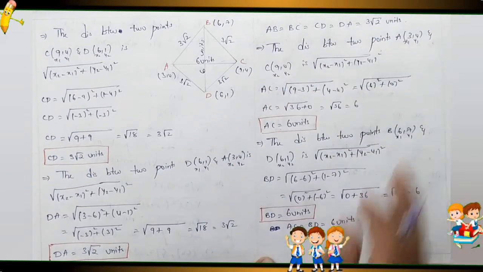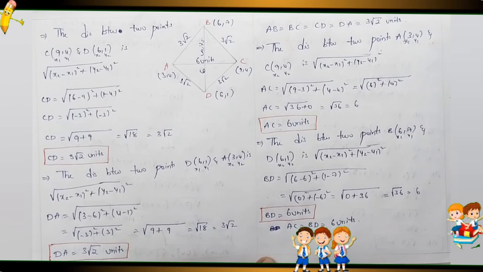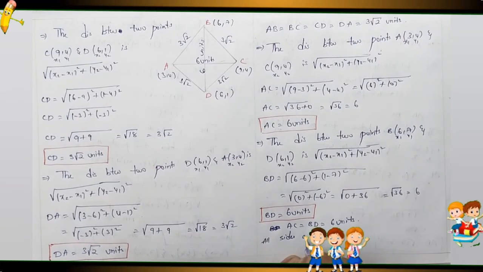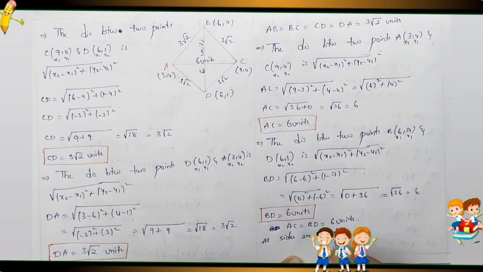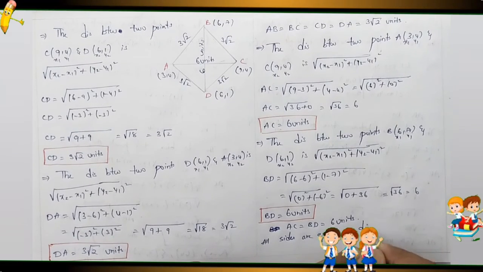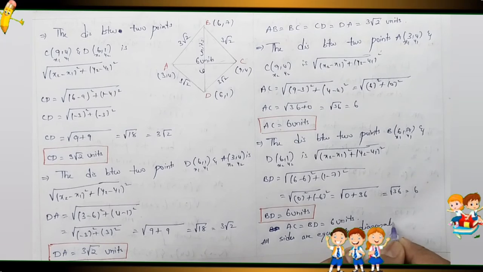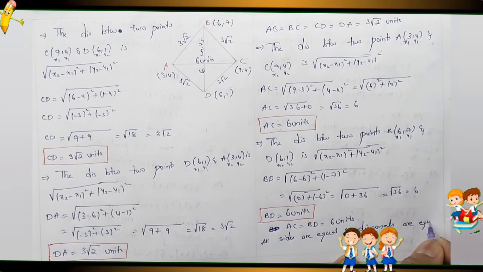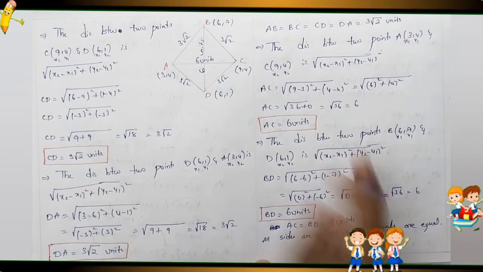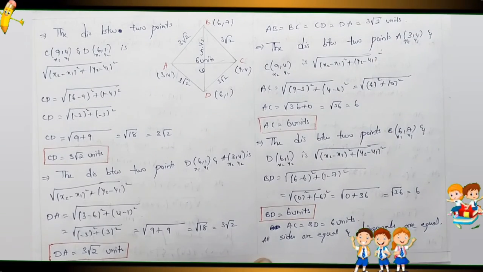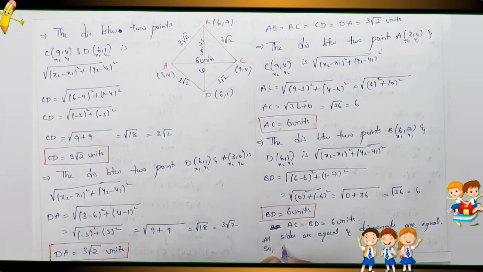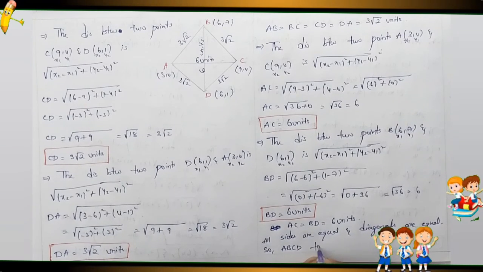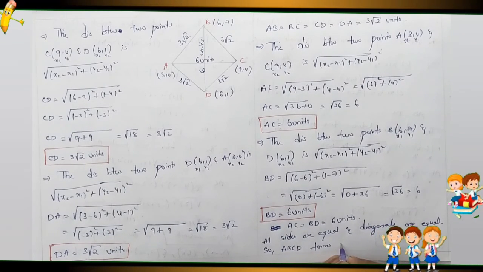All sides should be equal, diagonals also should be equal. So therefore you can write down, all sides are equal and diagonals are also equal. So therefore we can say that ABCD forms a square.